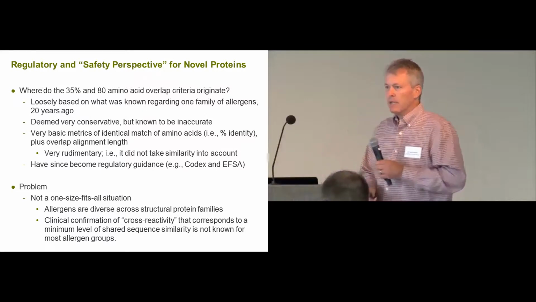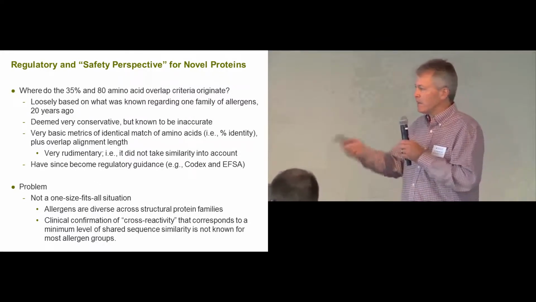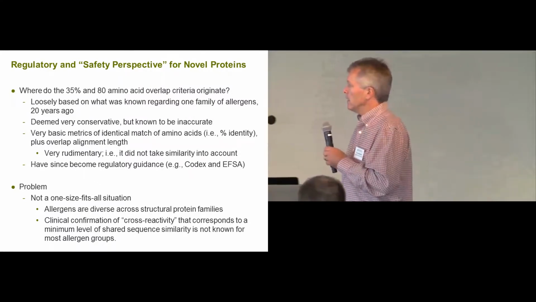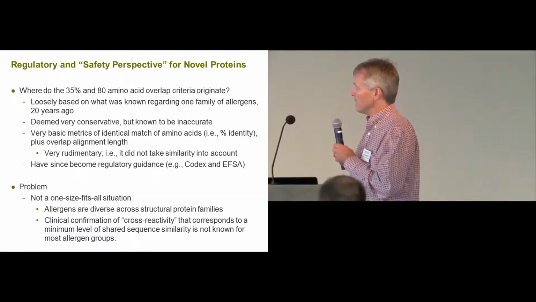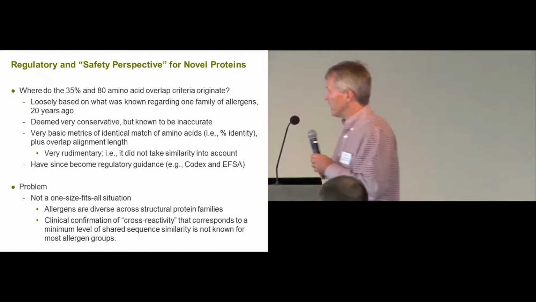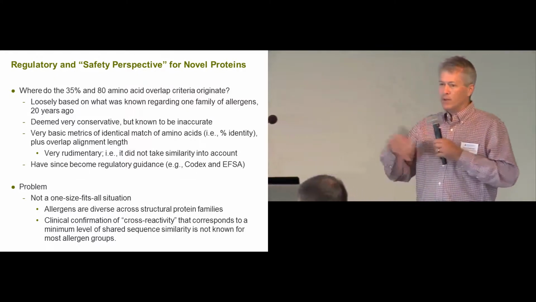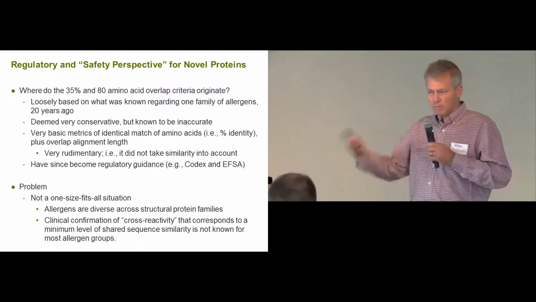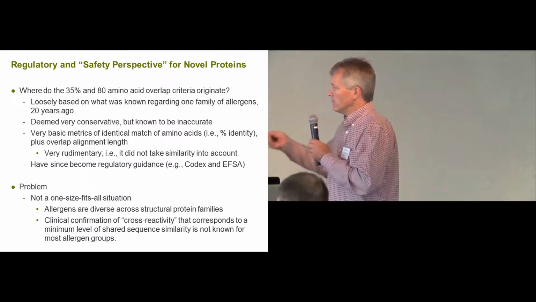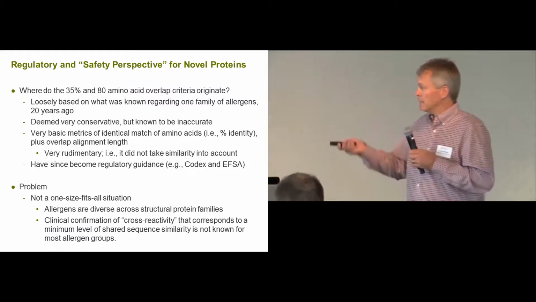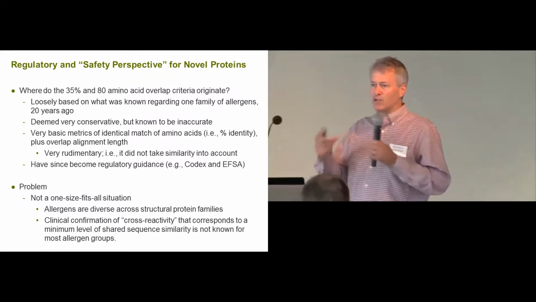At the time, and still our biggest group of cross-reactive proteins in a family, if you will, are the Birch tree pollen allergens, and that's more or less what that was based on. Again, pretty rudimentary, it didn't take similarity into account, but those numbers became embedded in what we use even today for regulatory guidance. So the way I would look at this bioinformatically is it's a problem, because we know we have lots of allergen groups.